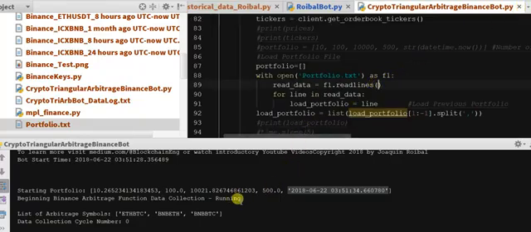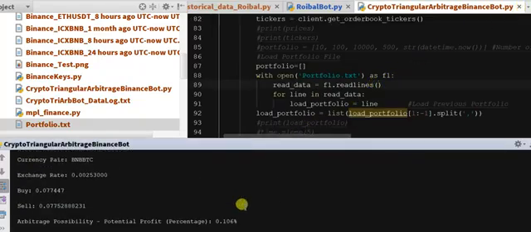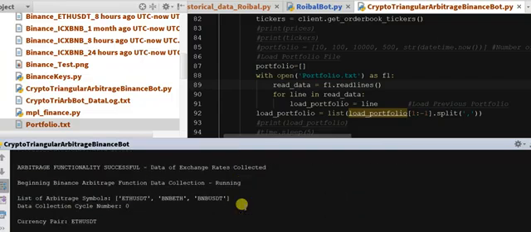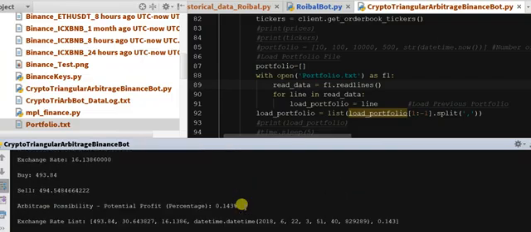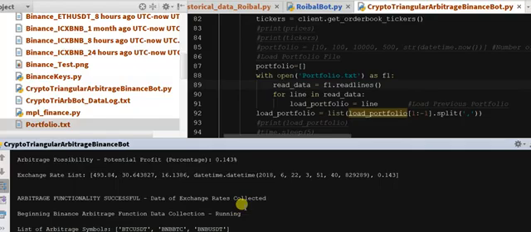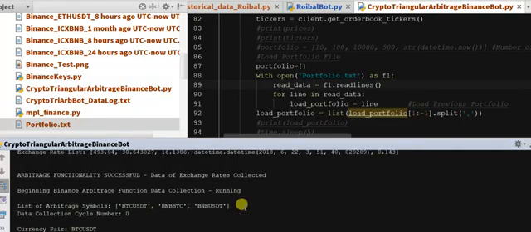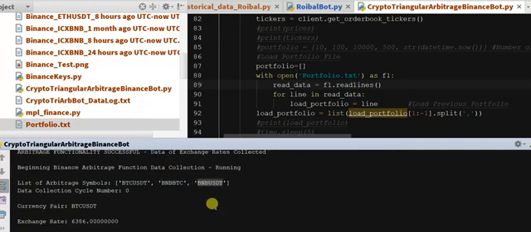It's going to run the functionality that determines the most profitable exchange to trade. Right here it's saying that we're going to trade BTC to Tether, BNB to BTC, and then BNB to Tether as well.